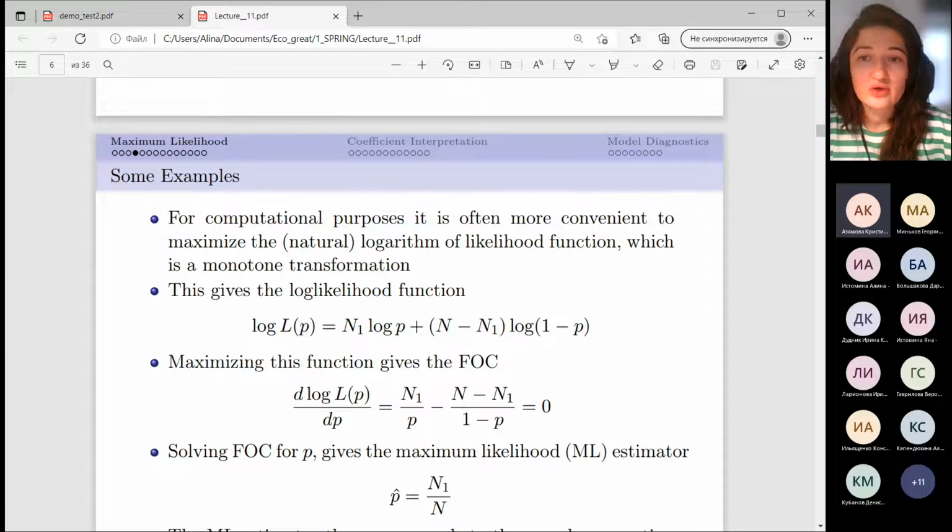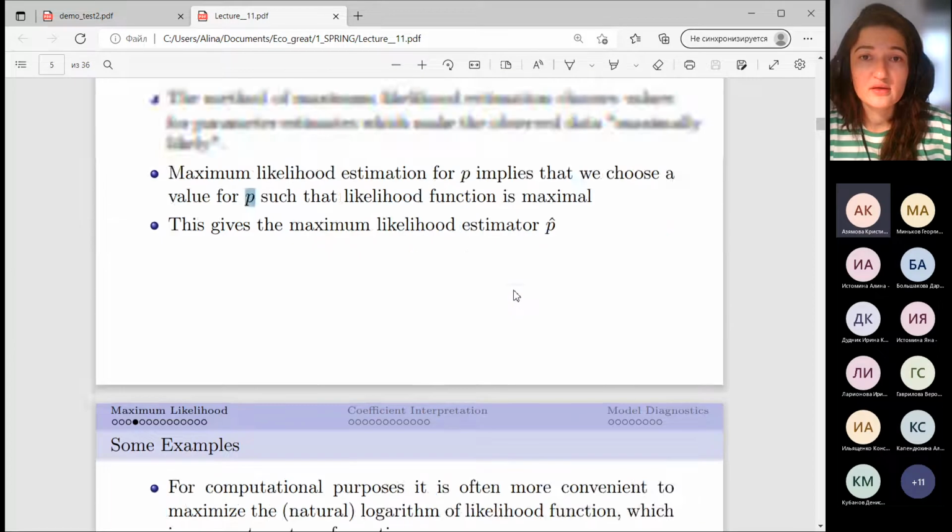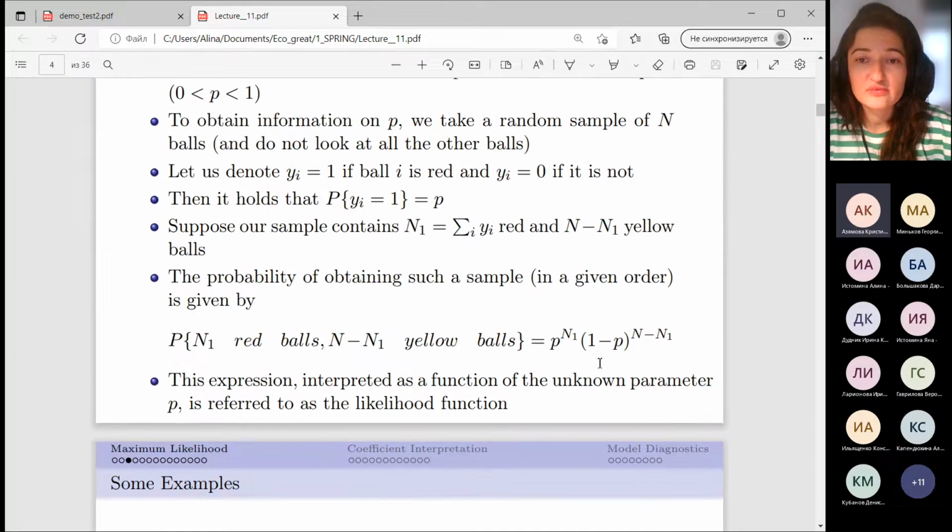And also, you need to remember that that was our expression, yeah? So how can we find the maximum? How can we maximize this function? We need to take the partial derivative, yeah?